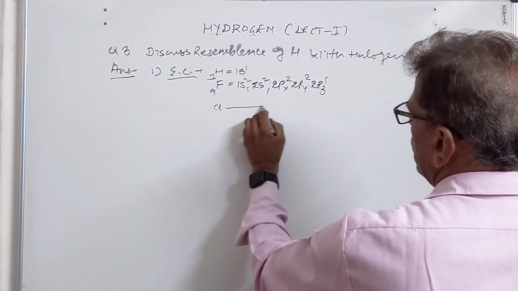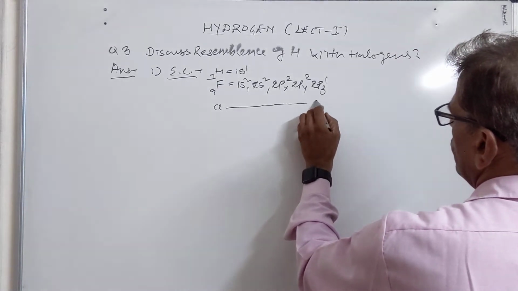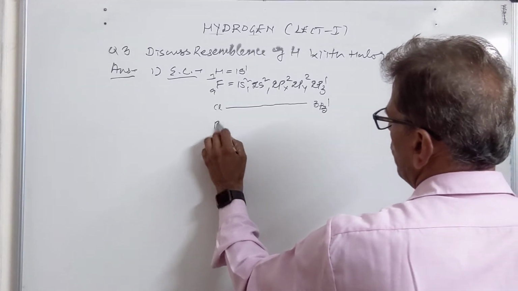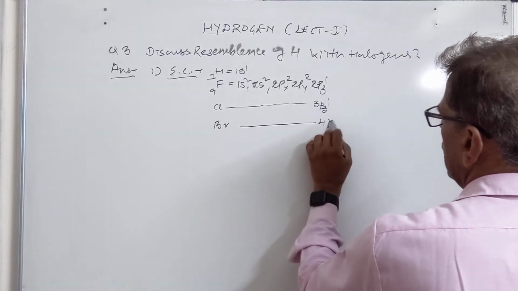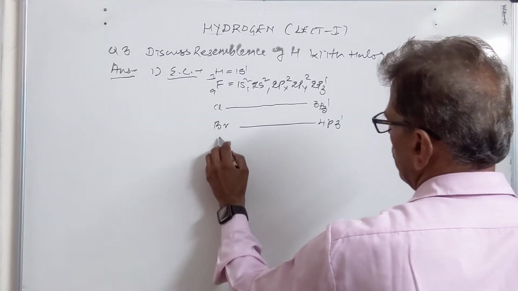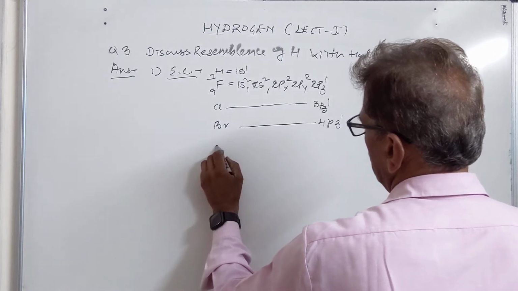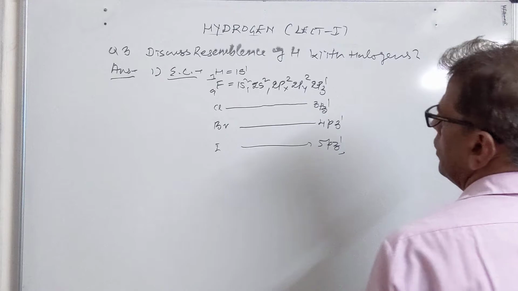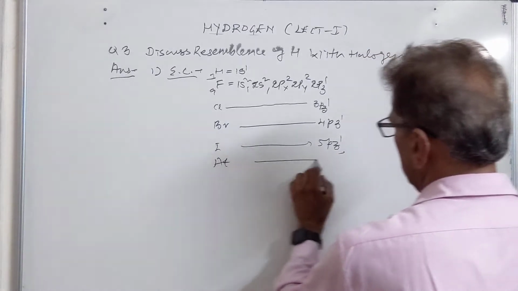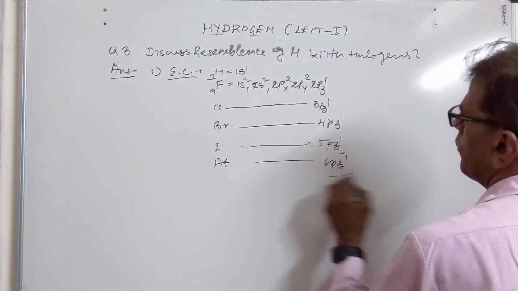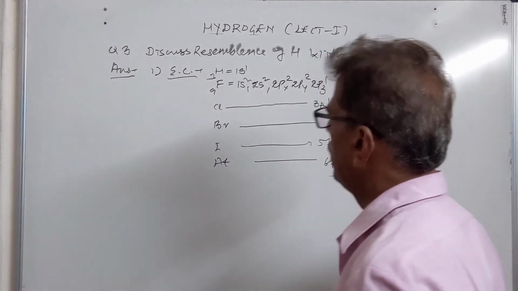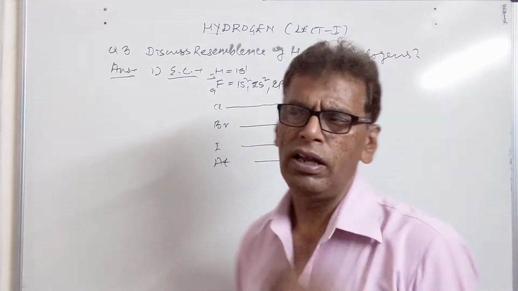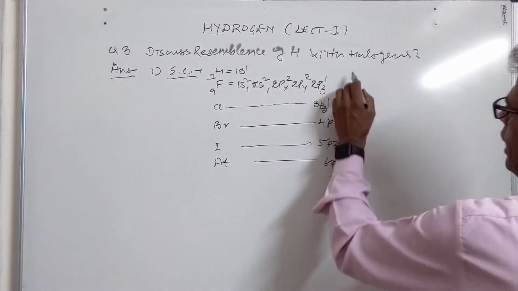Similarly, chlorine will have 3pz1. Then bromine will have 4pz1. After this, iodine, 5pz1. Astatine, 6pz1. So in this manner, all of these elements require just one electron to acquire the noble gas configuration.